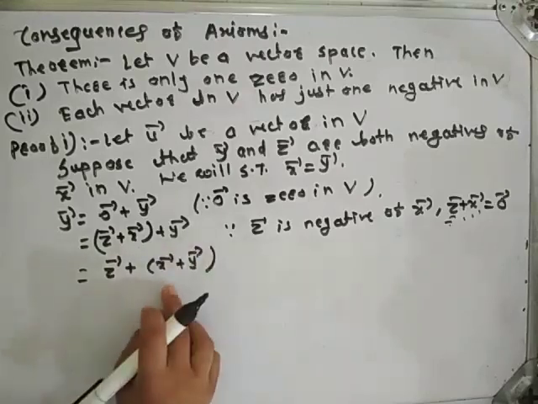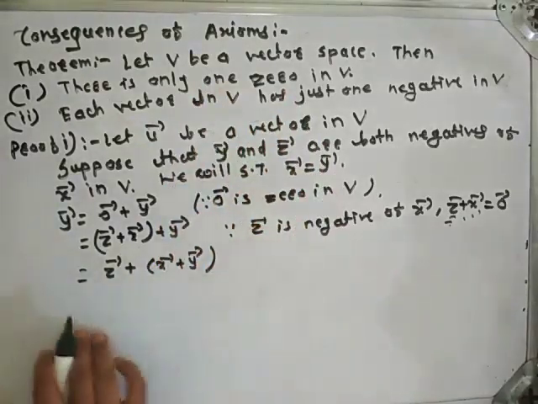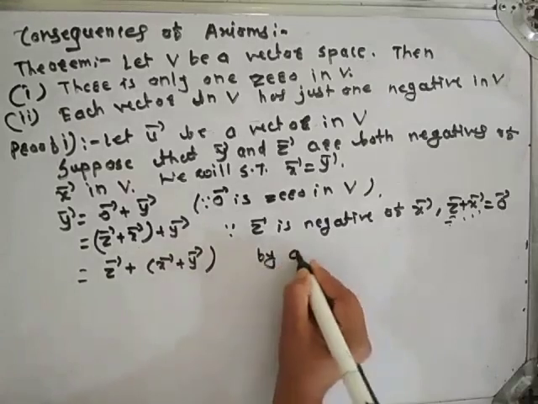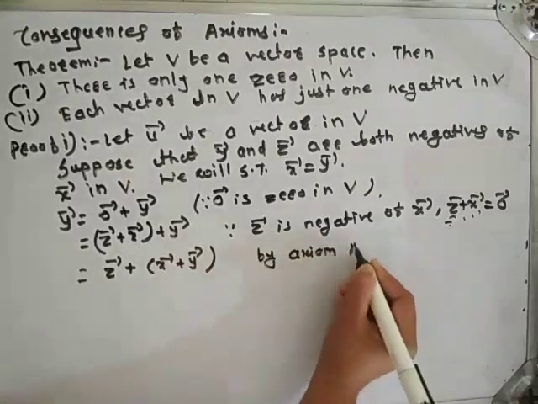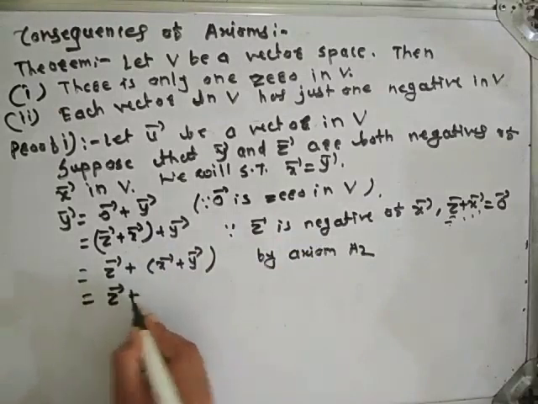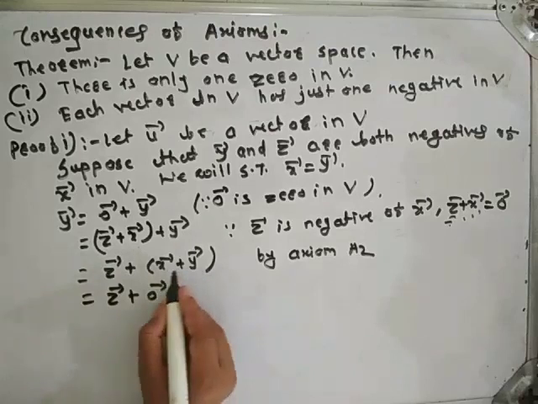Which is equal to Z bar plus X bar plus Y bar, by associativity, since V is a vector space, or we can say by axiom A2. Which is equal to Z bar plus 0 bar. Why is this?